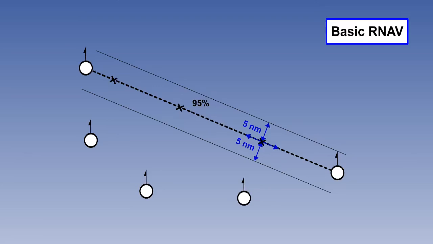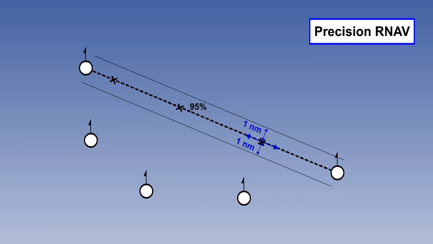It is mandatory for all aircraft carrying 30 passengers or more to have BRNAV capability within Eurocontrol airspace. Precision RNAV, PRNAV, must be accurate to within 1 nautical mile on 95% of occasions. PRNAV routes are now being established in terminal airspace.